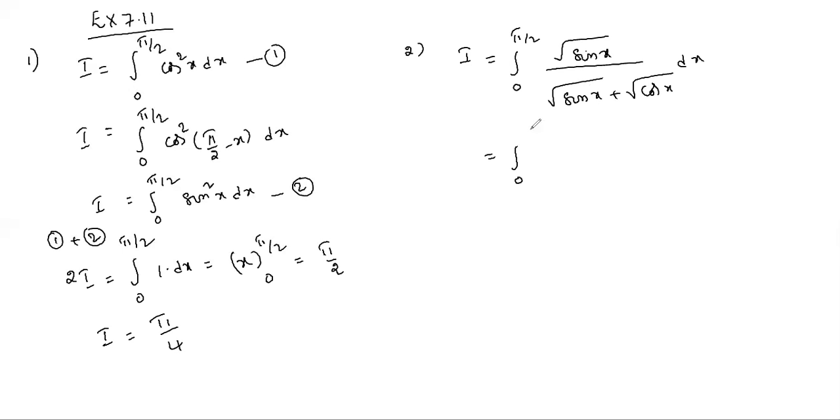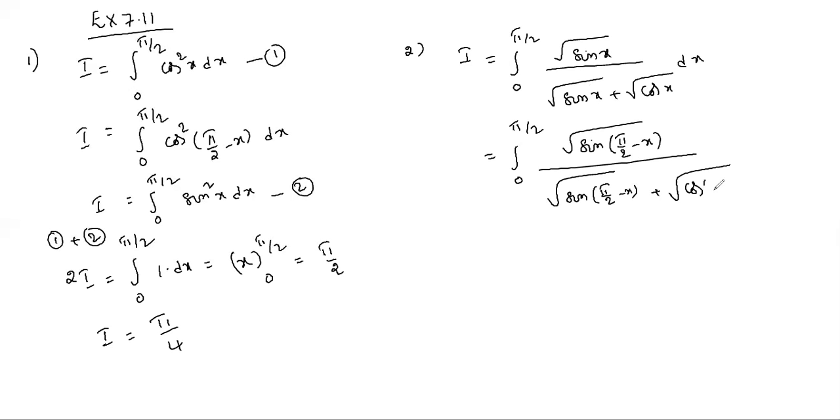So it equals root of sin of pi by 2 minus x by root of sin of pi by 2 minus x plus root of cos of pi by 2 minus x, dx. So sin of 90 minus x is cos x. So root cos x by root cos x plus root sin x.